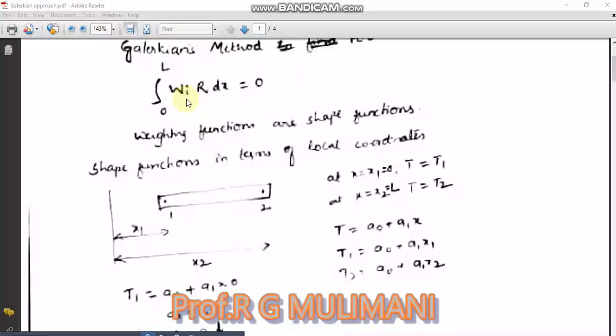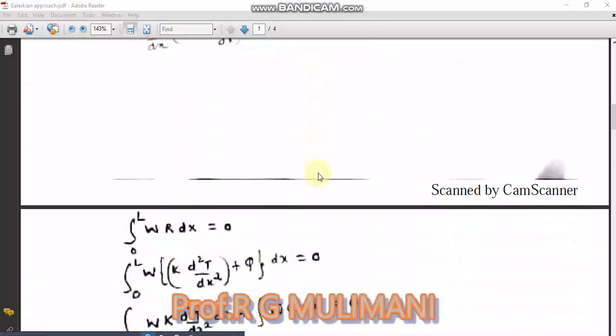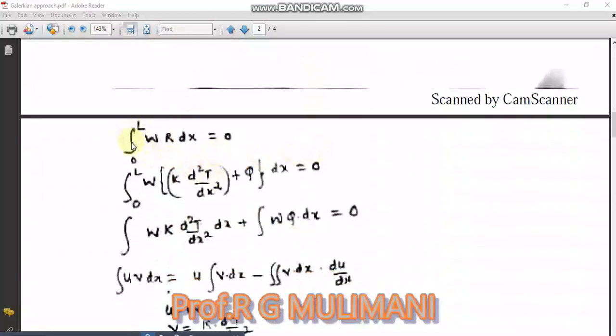Here the weighting functions are the shape functions N1 and N2, and the residual function is the differential equation. Let us see what we get when it is integrated. The weighting function times the residual function over the length x equals 0, where W is the shape functions, and the R value is substituted here.